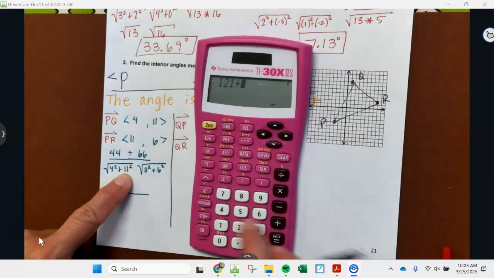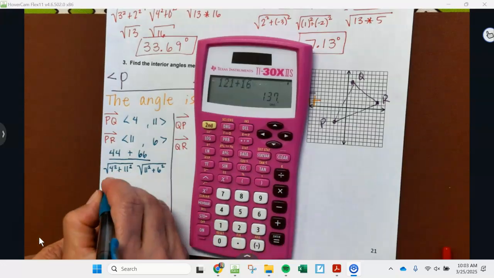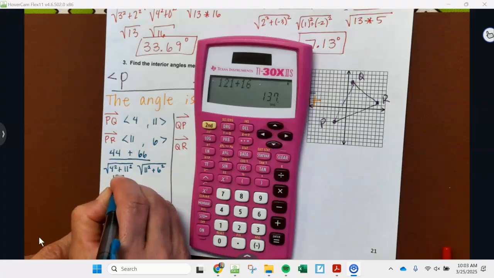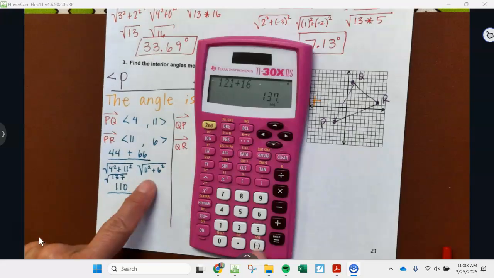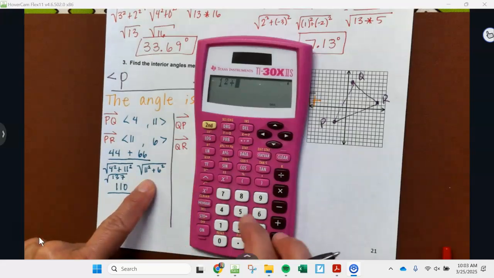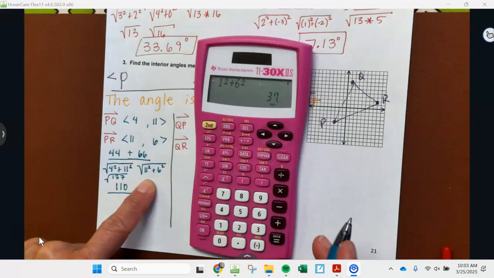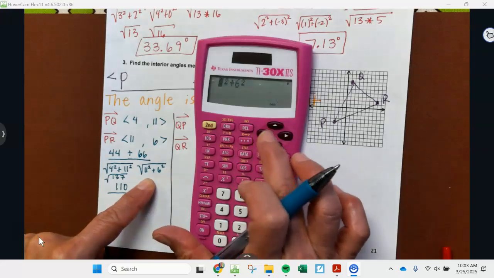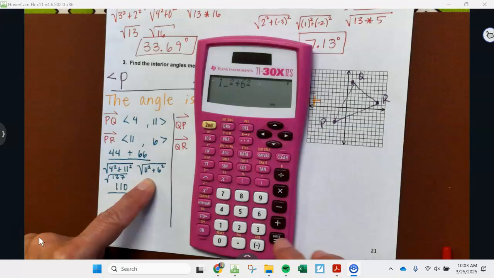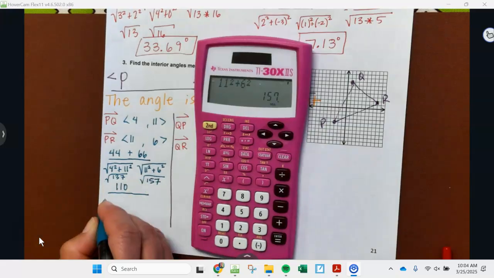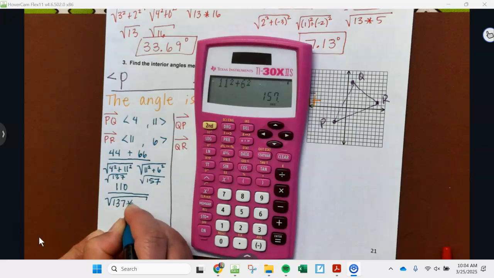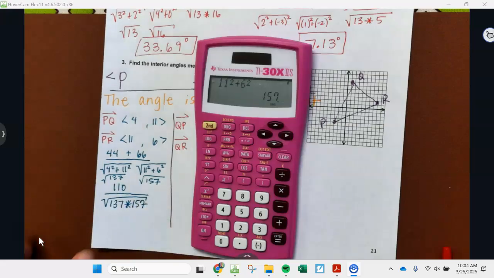So the first magnitude is the root of 137. The other magnitude is 11 squared plus 6 squared, which is the square root of 157. Remember, you can write one single root symbol, but we're going to multiply 137 times 157.